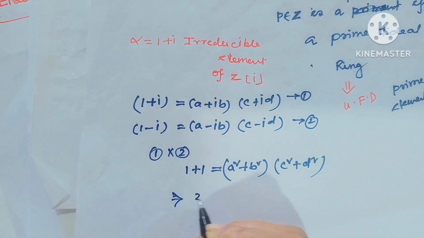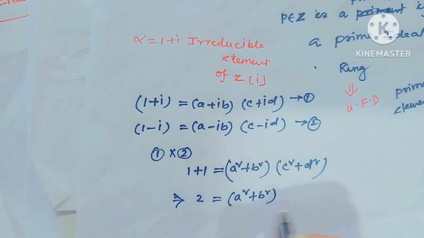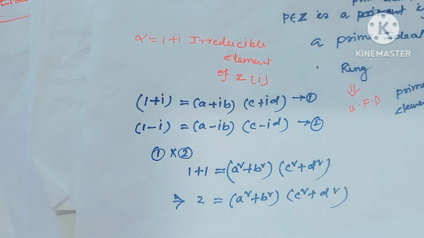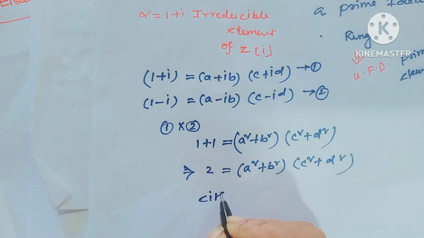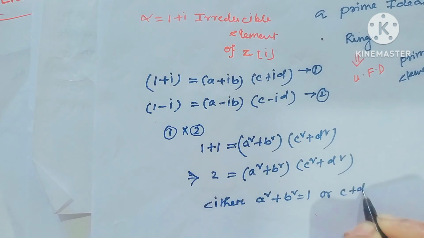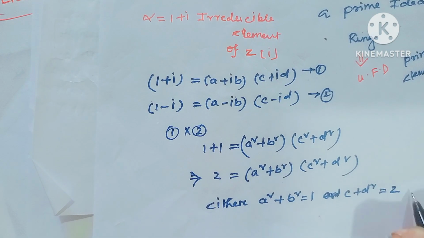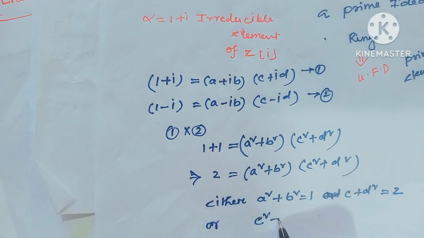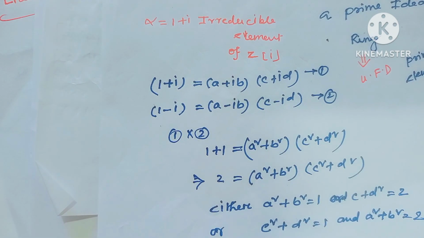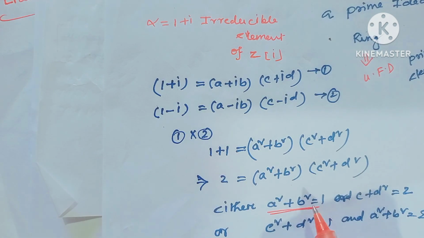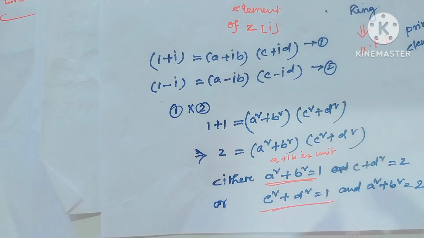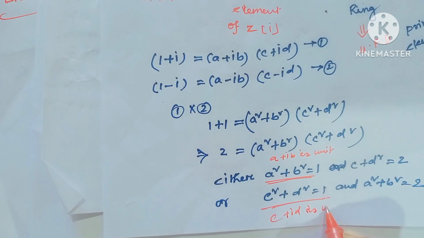That implies 2 equals a squared plus b squared times c squared plus d squared. That implies either a squared plus b squared equals 1 and c squared plus d squared equals 2, or c squared plus d squared equals 1 and a squared plus b squared equals 2. From the first, a plus ib is a unit, and from the second, c plus id is a unit.